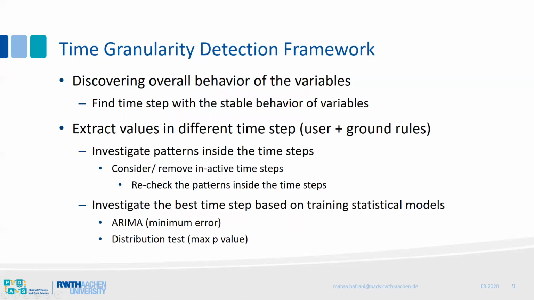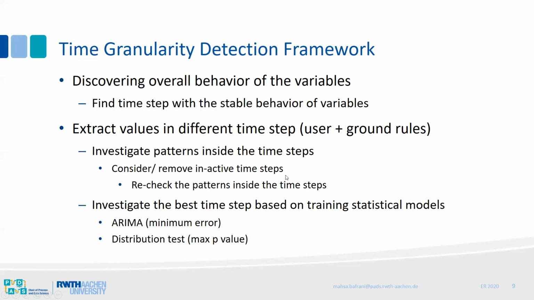Our framework, as we mentioned in the picture of the framework, includes several main steps. The first part is to discover the behavior of the variable, for which we use partial autocorrelation and autocorrelation of the data. Then we use our proposed function to remove the inactivity using the behavior detected in the last step.